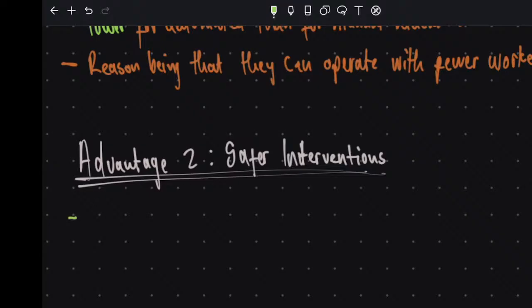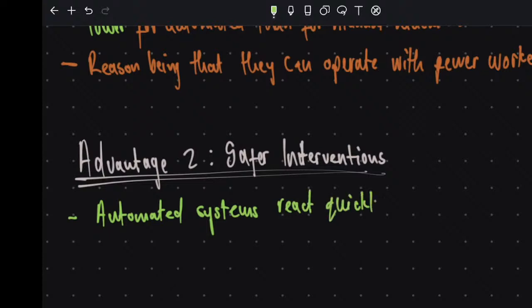So these ones are safer. Automated systems react quickly to dangerous situations. They don't just stay like nothing is going on.